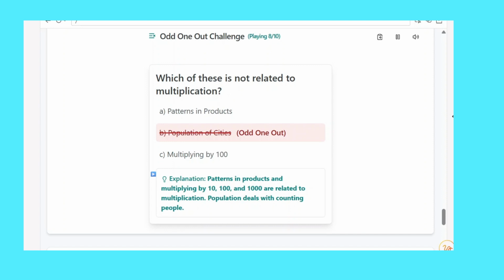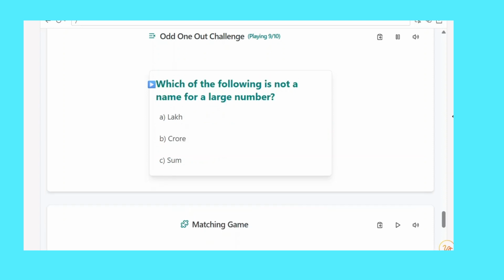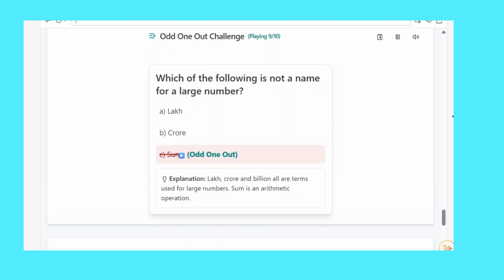Population deals with counting people. Which of the following is not a name for a large number? Lakh, crore, sum. The odd one out is sum, because lakh, crore and billion all are terms used for large numbers. Sum is an arithmetic operation.